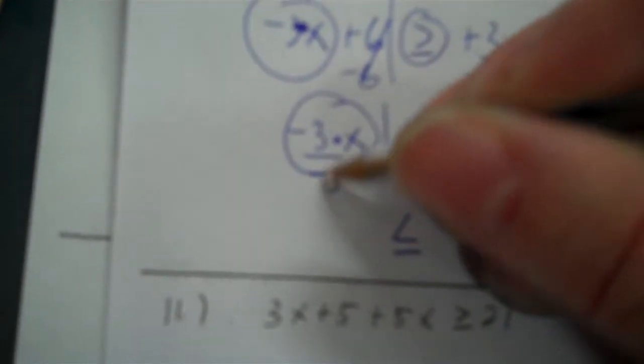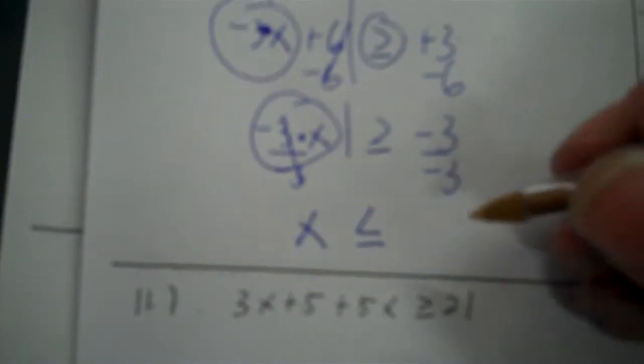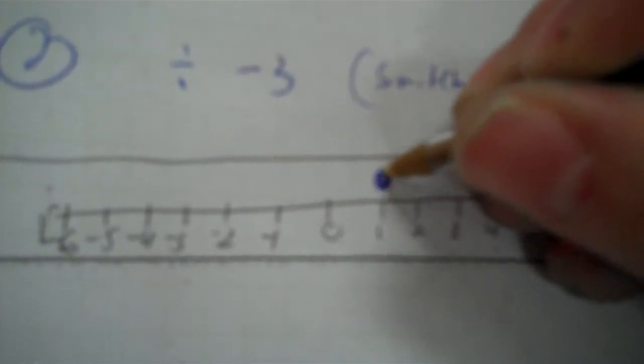So we divide by negative 3. So I have x, negative 3 divided by negative 3 is 1. So I go find 1, circle. The nose is going towards the x. So if the nose is toward the letter, it's going to go this way.